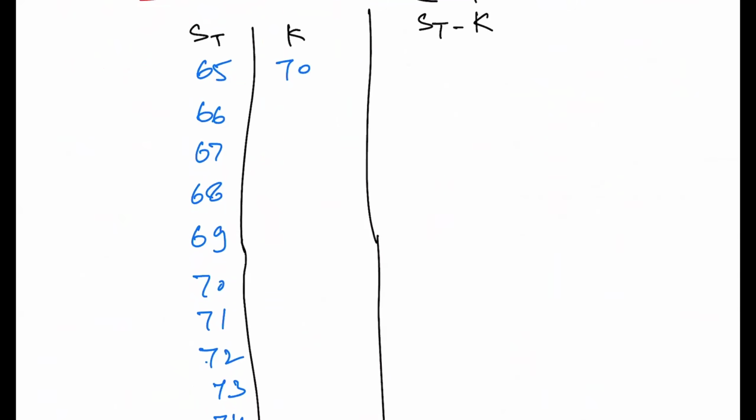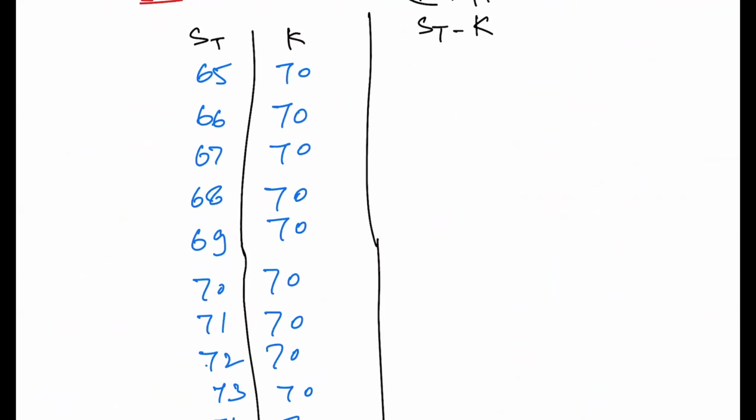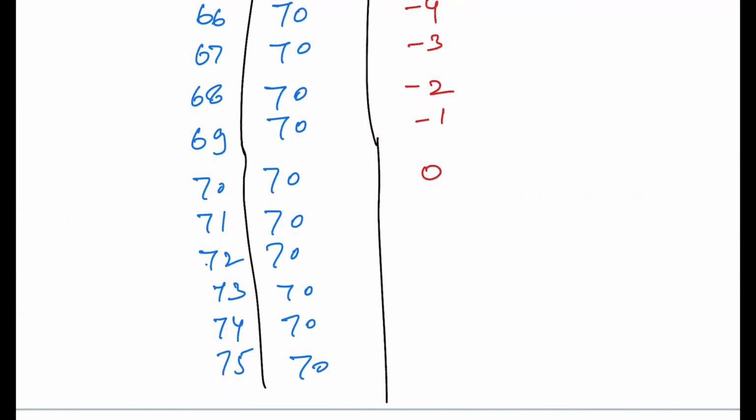As we know, the predetermined price, that is the strike price, will remain the same. So now ST minus K is nothing but 65 minus 70, that is -5, -4, -3, -2, -1, 0, then 1, 2, 3, 4, 5.